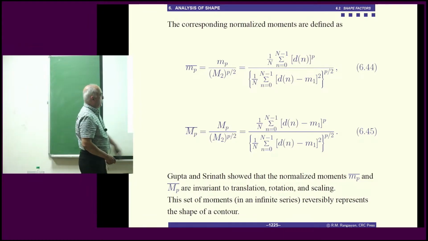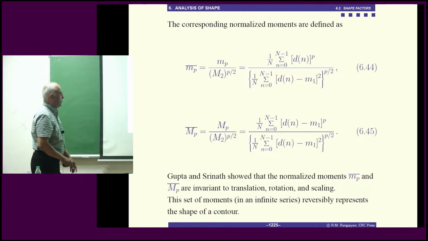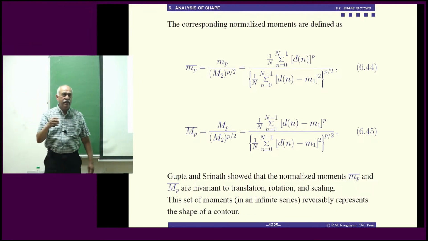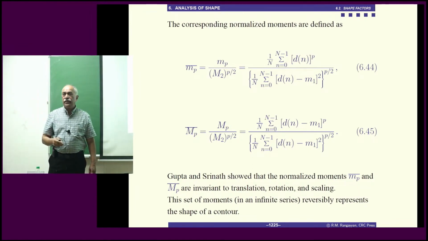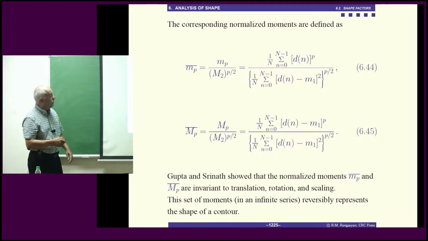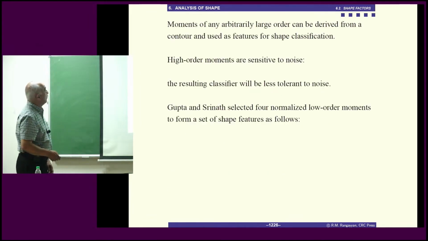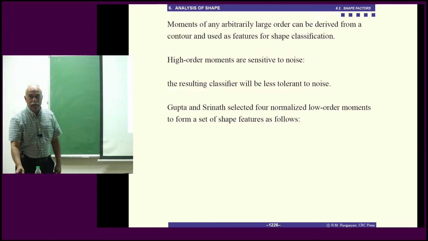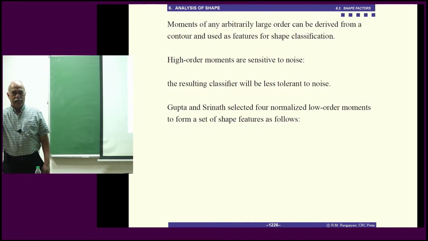This was proposed by Gupta and Srinath, and they showed that these are useful in classification of airplane shapes and a few other shapes. But we found some difficulty with this, and we changed the normalization. The main difficulty here is high order moments are sensitive to noise. Noise meaning the contour is not perfect.